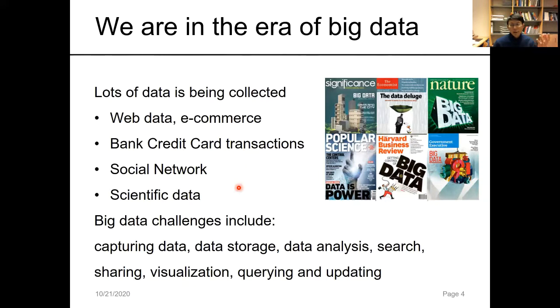Data sets grow rapidly because they are increasingly gathered by cheap and numerous Internet of Things devices, such as mobile devices, software logs, and cameras. Big data challenges include capturing the data, data storage, data analysis, search, sharing, visualization, query, and updating big data.